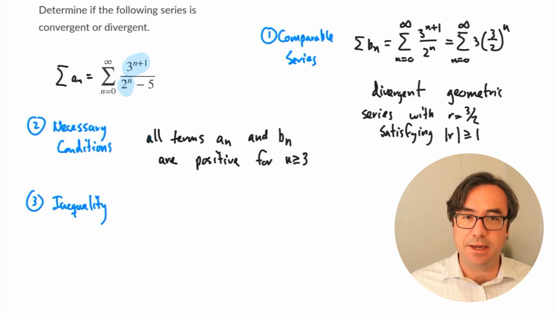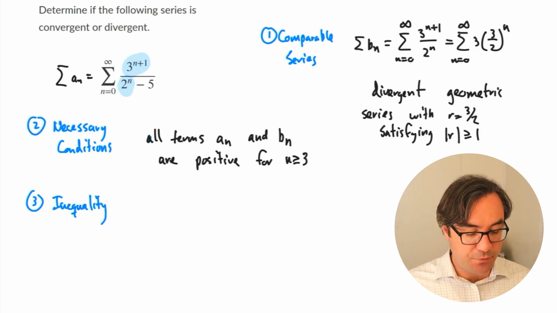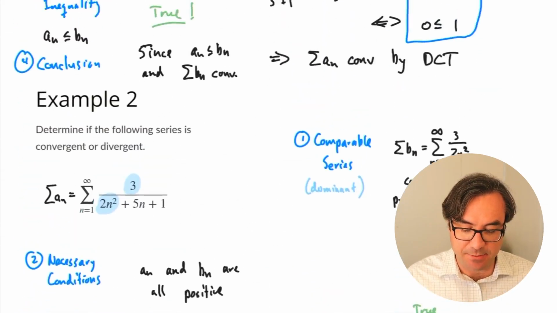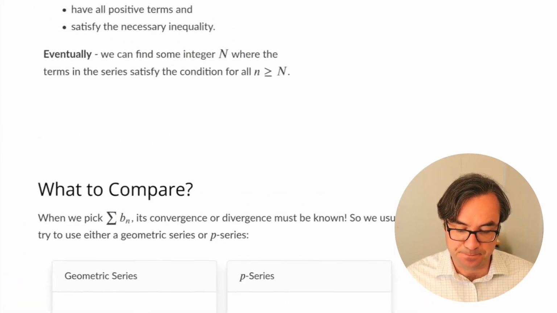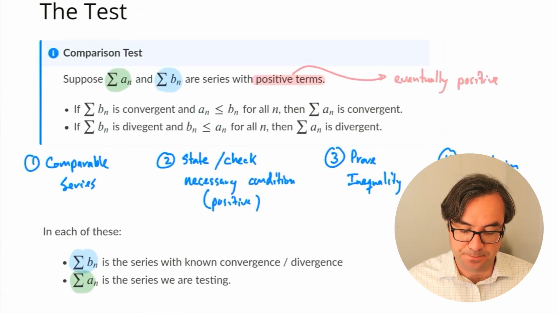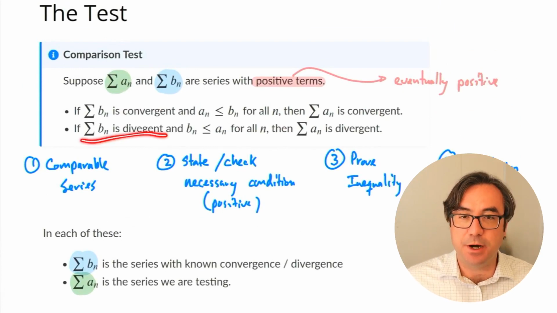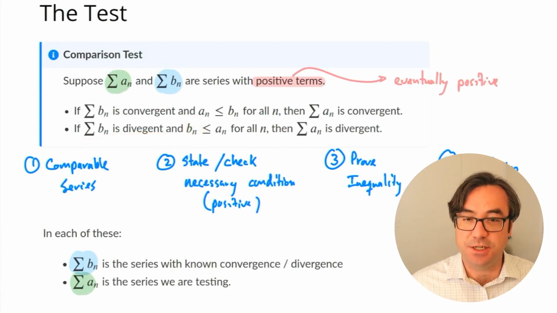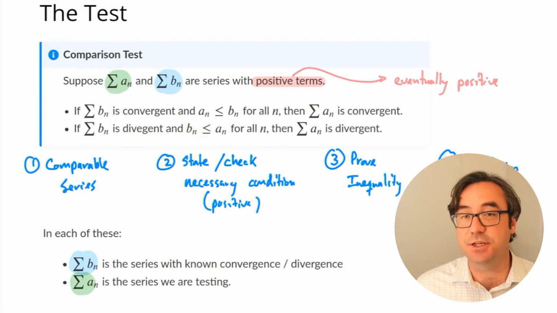For our inequality, the inequality we want to prove here, we know our comparable series is divergent. So again, to help us remember, let's just go back to the statement of the test. When we know our comparable series is divergent, we want the terms in our divergent series to be less than the other series.